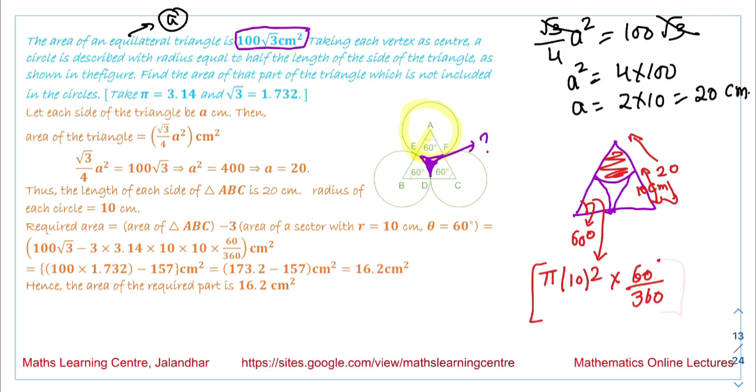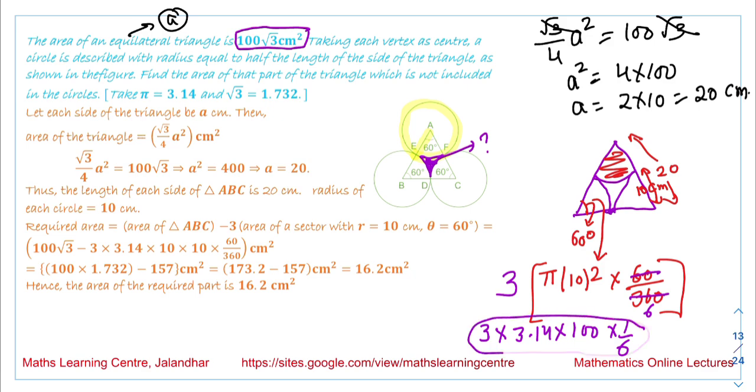Now how many such sectors do we have? We have 3 such sectors. So the answer is upon 6. So it is 3 into 22 by 7, we will not take that, we will take 3.14 into 100 into 1 by 6. On solving this, you will get the area of these 3 sectors.